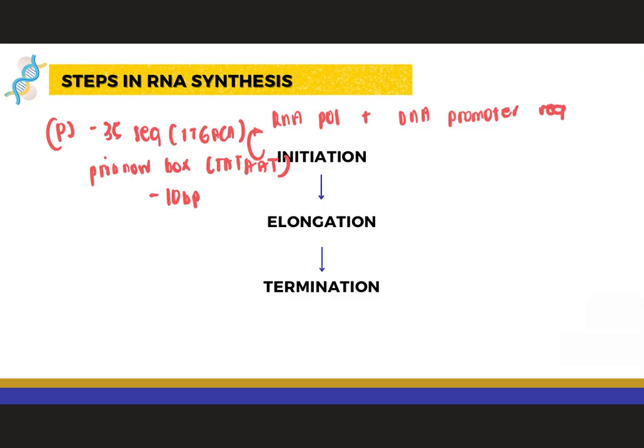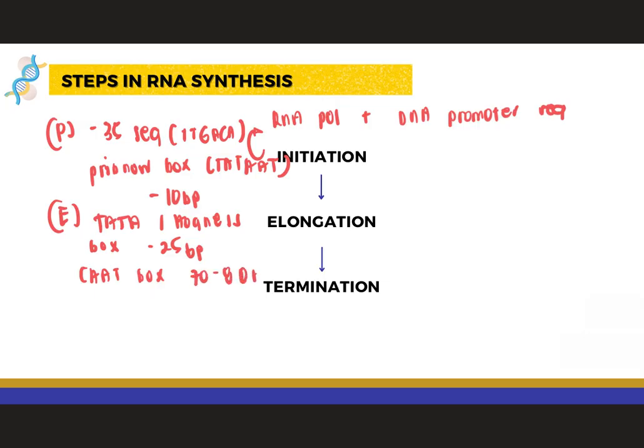And also in eukaryotes, we have your TATA or your Hogness box, which is about 25 BP. And also we have your CAAT box, which is about 70 to 80 BP. So, in your eukaryotes, the unwinding of your DNA occurs to create a transcription bubble.